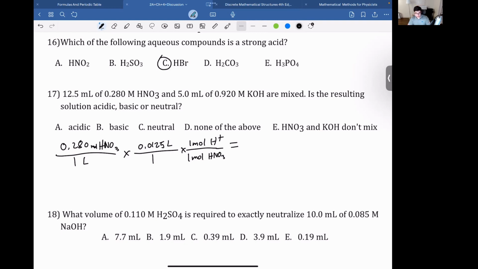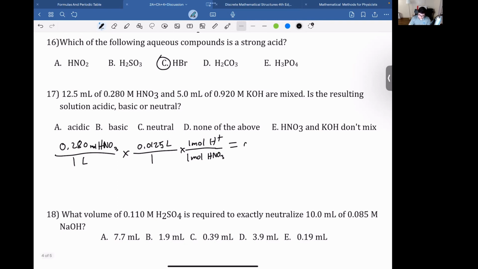And then we're going to get a number. Moles of hydrogen. So that's how many H plus we have. And that should be hydrogen, protons. It's not deprotonated. Protons. We have that many moles of H plus. Then we can go ahead and do the same for KOH.